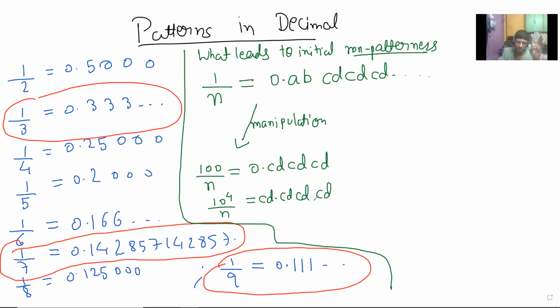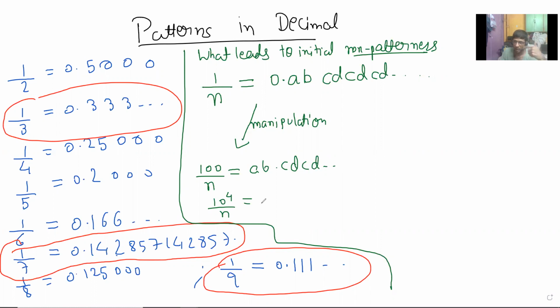You guys agree? Sorry, there was an AB, I forgot. I just took AB as 0, 0, which is enough to explain, but it's wrong. So initially I have AB, CD, CD.